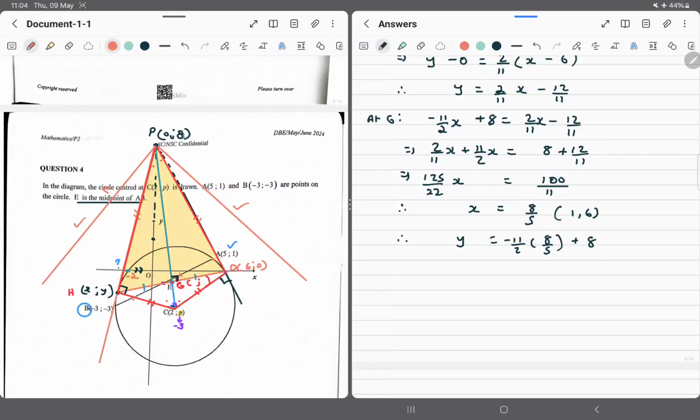Okay, let's see what this one gives us. So we've got minus 11 over 2 into 8 over 5 plus 8. This gives us minus 4 over 5. Okay, great.